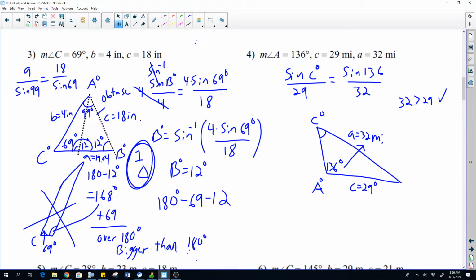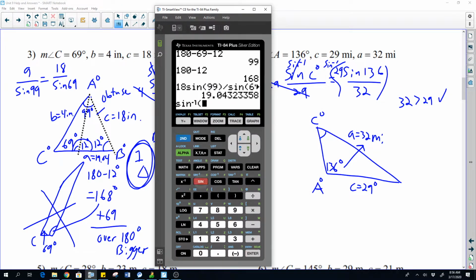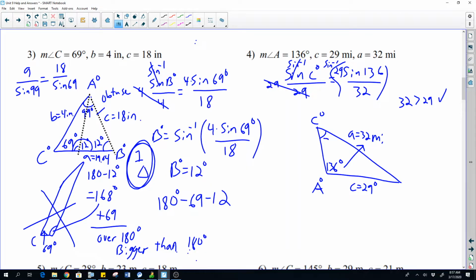We'll multiply 29 to the other side, and then inverse sine both sides to solve for angle C. So we do the inverse sine of 29 times sine 136, divided by 32. That gives us 39 degrees. Nice. So then we know this is 39 degrees.